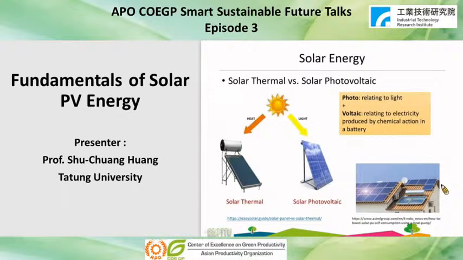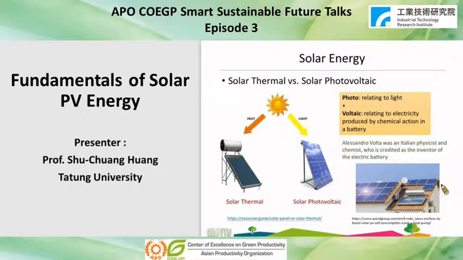Solar photovoltaic converts light to electricity. Photo relates to light, and voltaic relates to electricity produced by chemical action in a battery, which is named after Alessandro Volta, an Italian physicist and chemist.